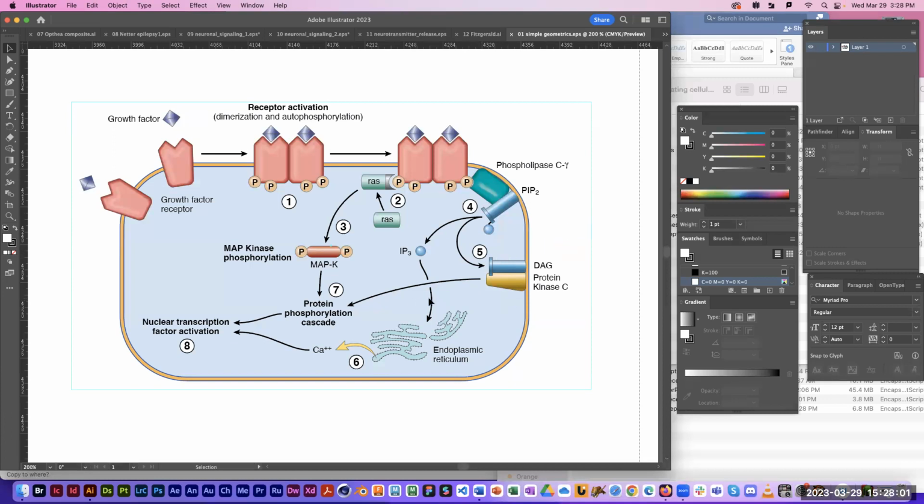That interacts with protein kinase C, and you can see that then ultimately these things lead over to step 8, which is nuclear transcription factor activation, so transcription of genes. But you've got another pathway here. You've got phosphorylation of RAS, which phosphorylates MAP kinase, which then leads to more phosphorylation cascade, which ultimately also leads to transcription factor activation. So showing a lot of the same stuff, just with these very simplified shapes.